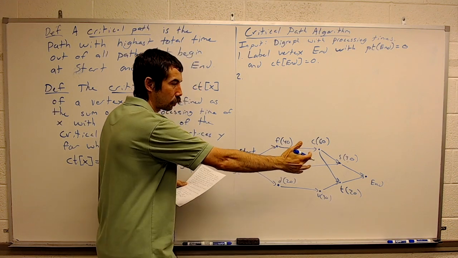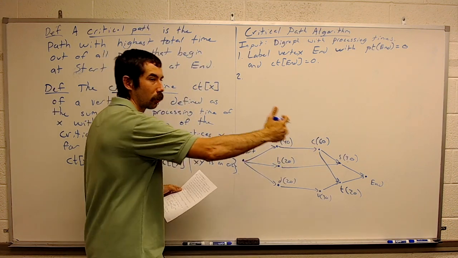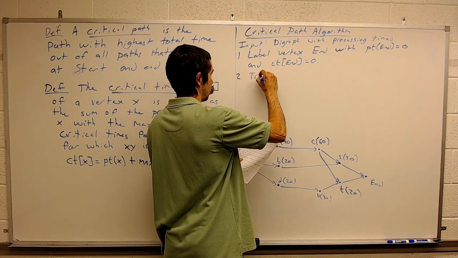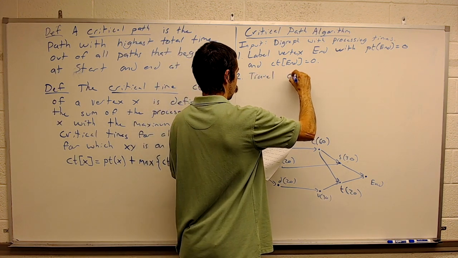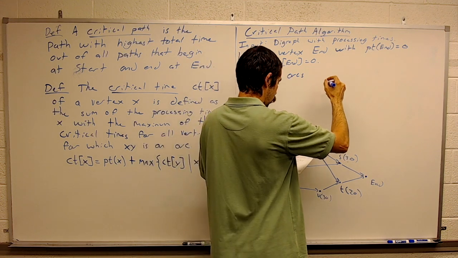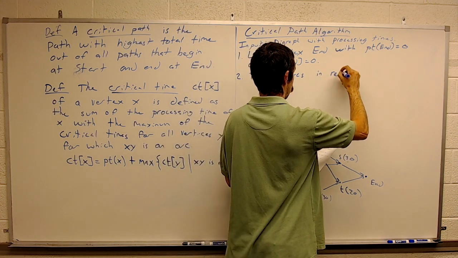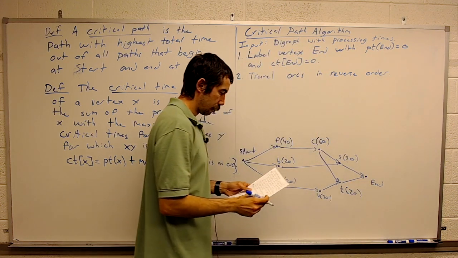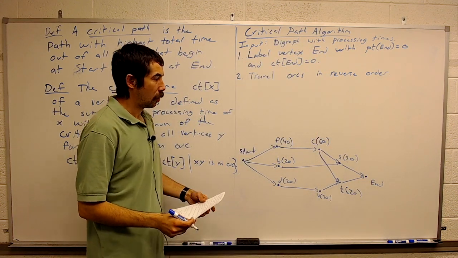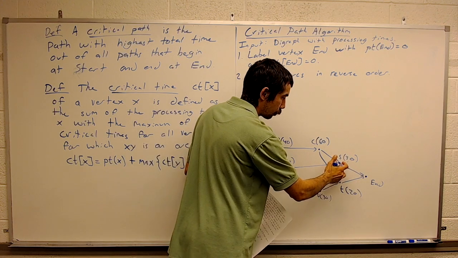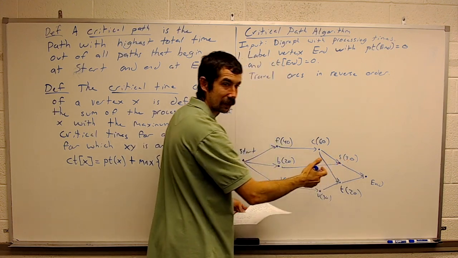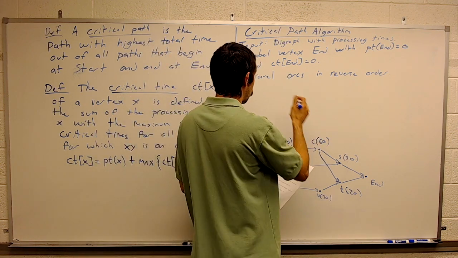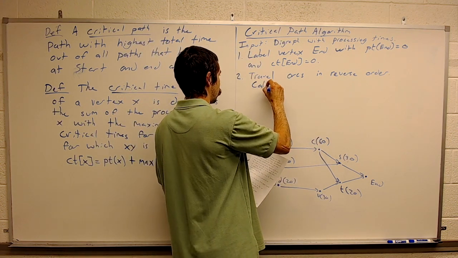Starting at end, we're going to travel across the arcs in reverse order. So we're going to go from right to left. Okay? When we get to a new vertex, we're going to compute its critical time. So calculate critical times.